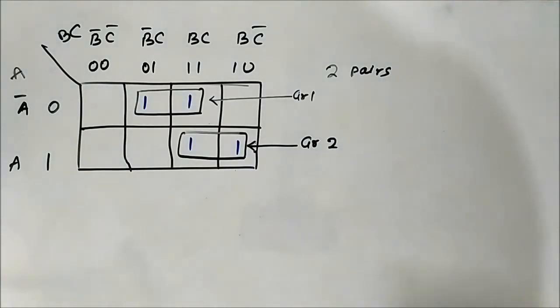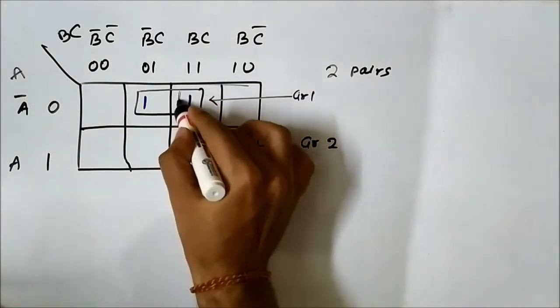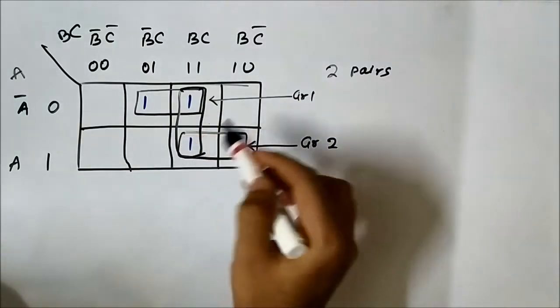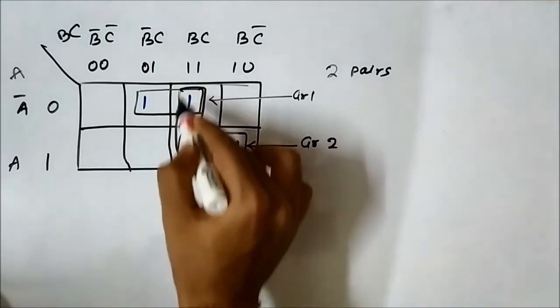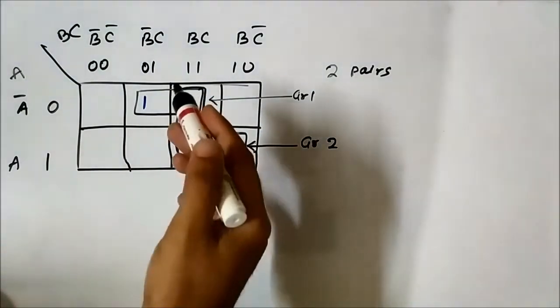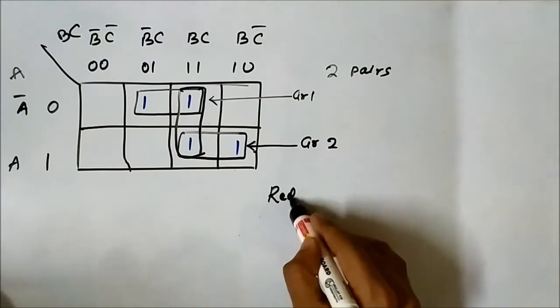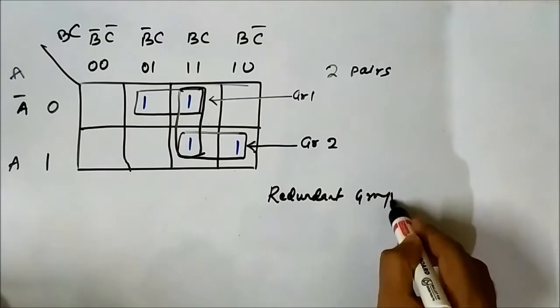Now this group is also possible, but it is not required. It is within the rules that we can pair these two marked cells, but it is a redundant group. It is not required at all.